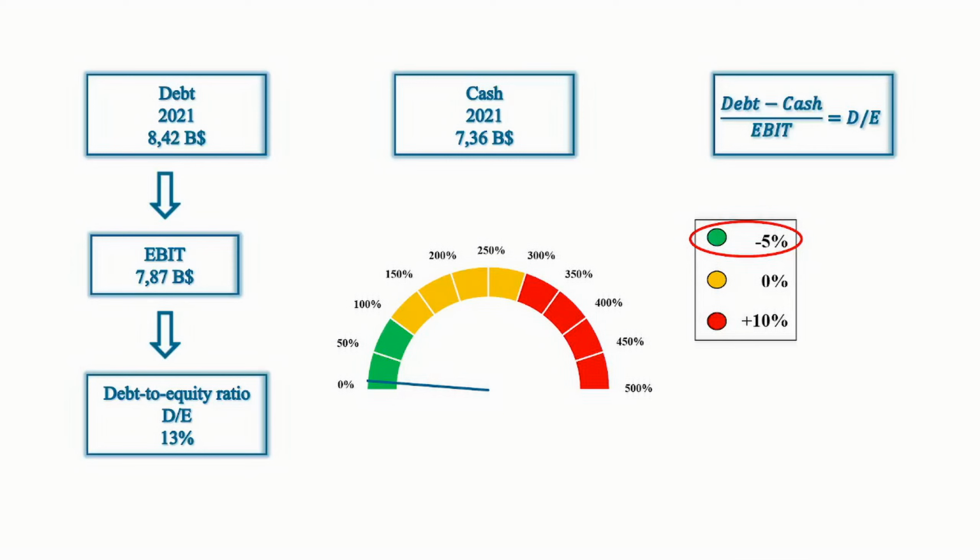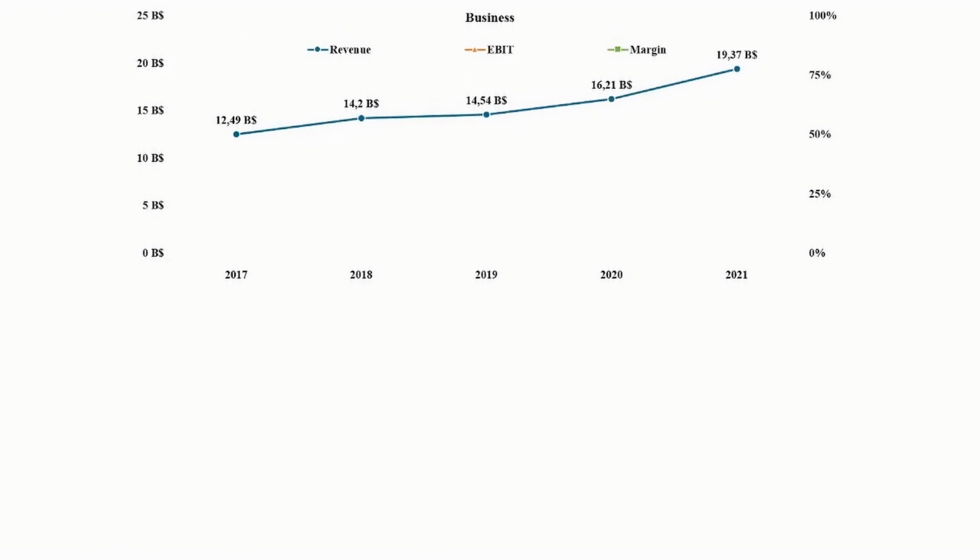Last, I'll take a closer look at how the business is going. The revenue has increased from $12.49 billion in 2017 to $19.37 billion in 2021. This gives an average growth of 11.6%.